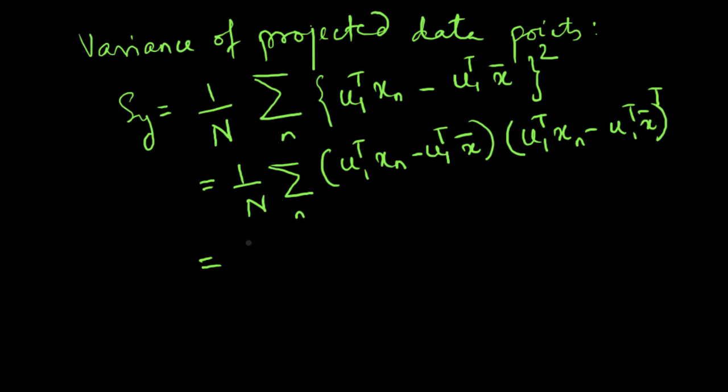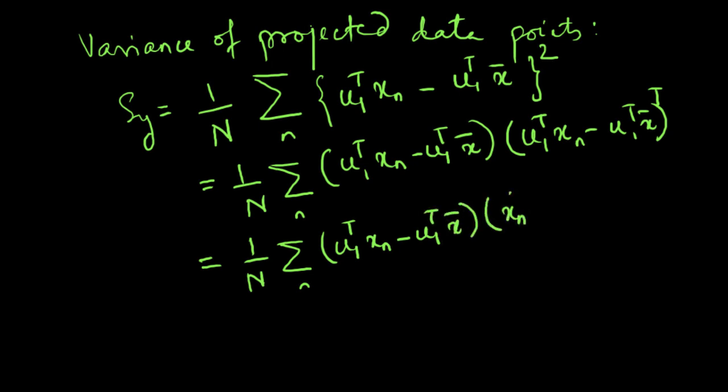We get 1 by capital N summation over n of u1 transpose xn minus u1 transpose x bar, into xn transpose u1 minus x bar transpose u1. Now we can take u1 transpose outside of this bracket, and take u1 outside of this bracket to the right.